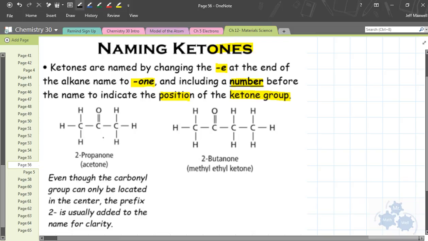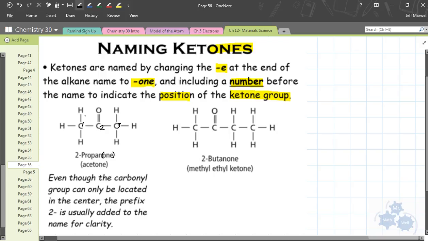So if we look at these examples here, we have 1, 2, 3 carbons, and so that's meth-eth-prop, right? So it's propane, but instead of propane, we take off the E and add the -one. So it's propanone.